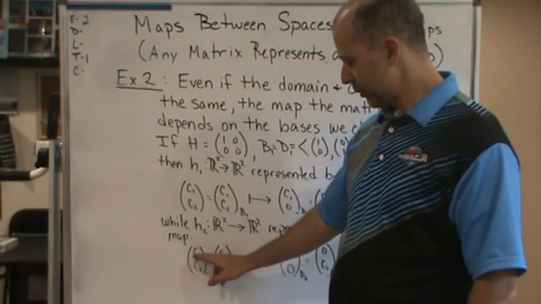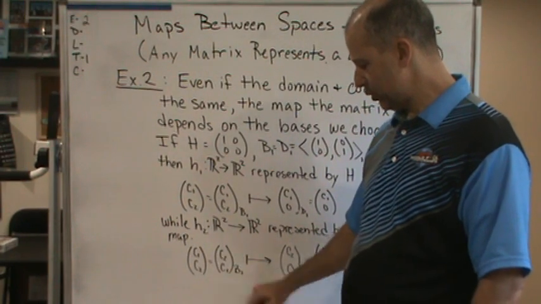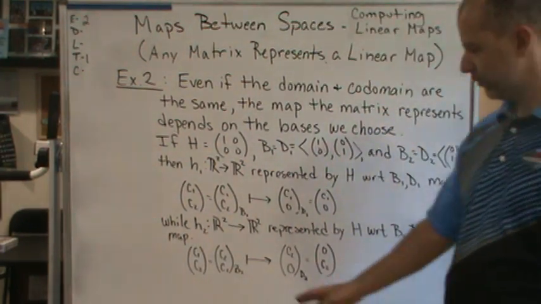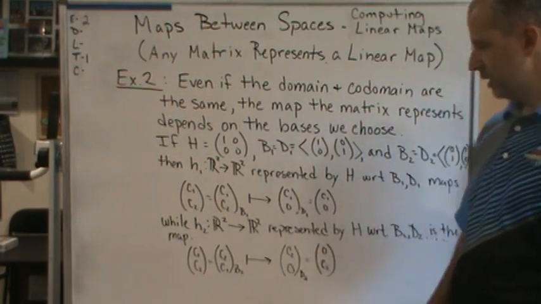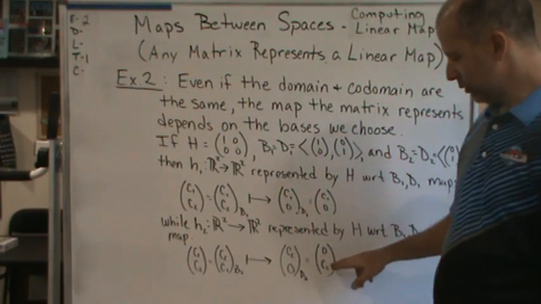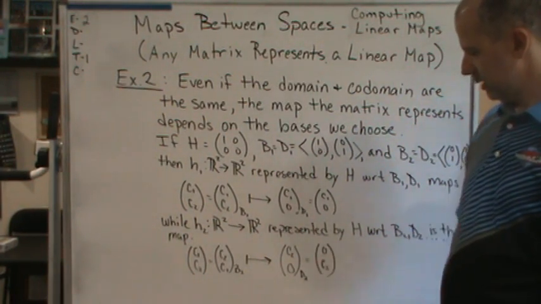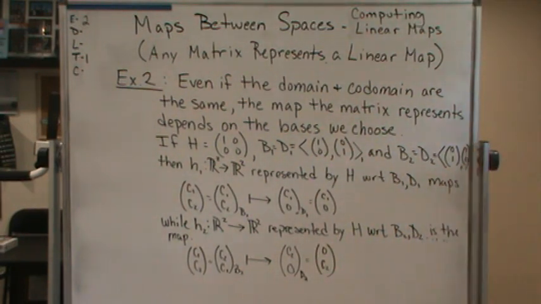So we start with C1, C2 again, but this time it's C2, C1, so it's flipped, and then as we map it goes C2 to 0, which is equal to 0, C2. So this is a projection onto the y-axis. So they're different functions based on the basis we use.